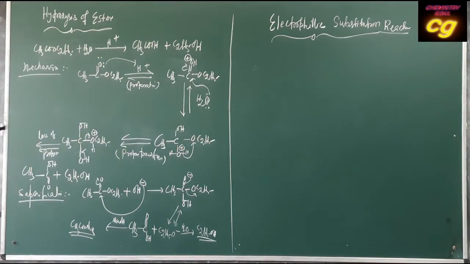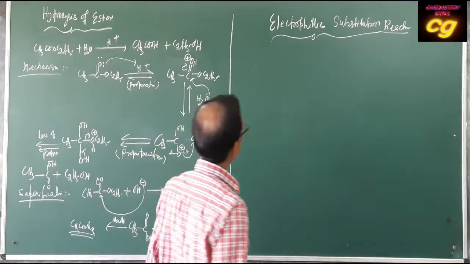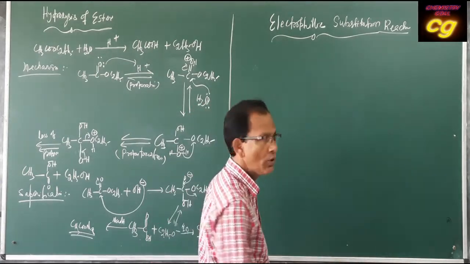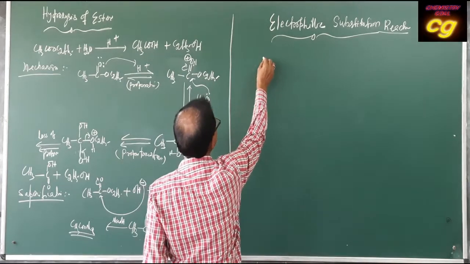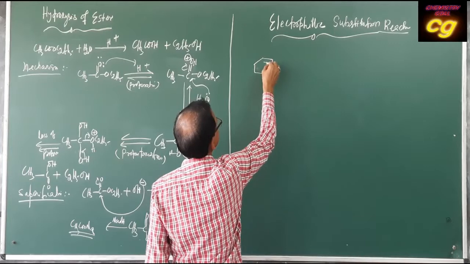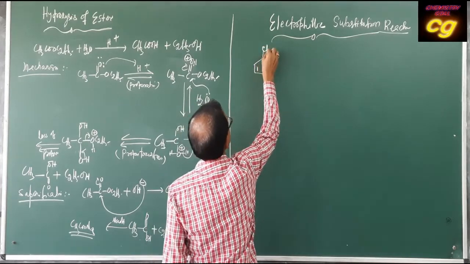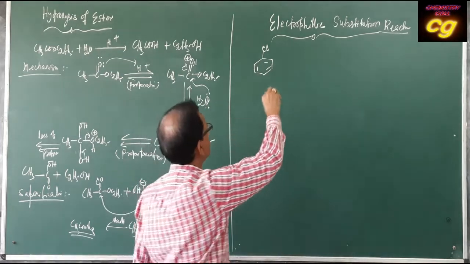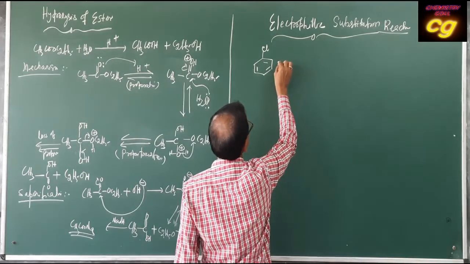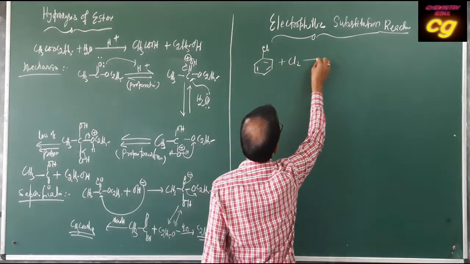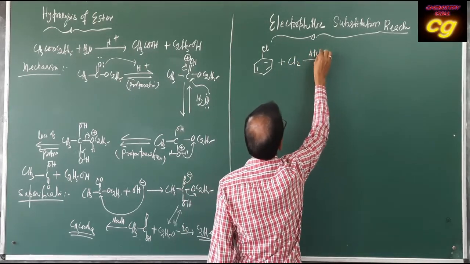Now let us discuss the mechanism of electrophilic substitution reaction. Let us take one example, chlorobenzene. This is your chlorobenzene. Suppose one substitution is halogenation, chlorine in presence of aluminum chloride.